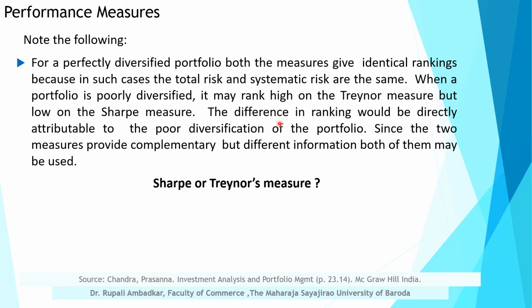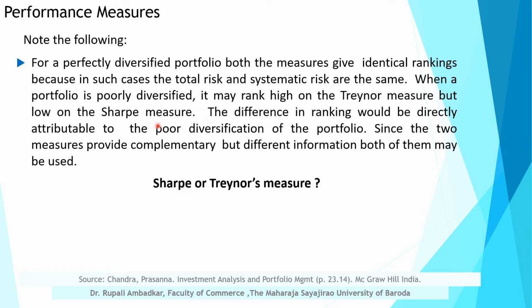Whereas if you are looking at a poorly diversified portfolio, it may rank high on the Treynor's measure but low on the Sharpe measure. In a poorly diversified portfolio, an element of unsystematic risk will be there, which might not be measured on the Treynor's measure because it is based on beta, which only takes care of systematic risk.